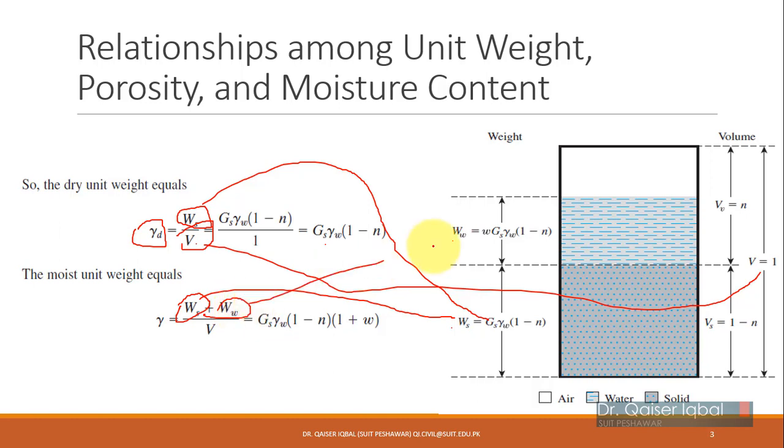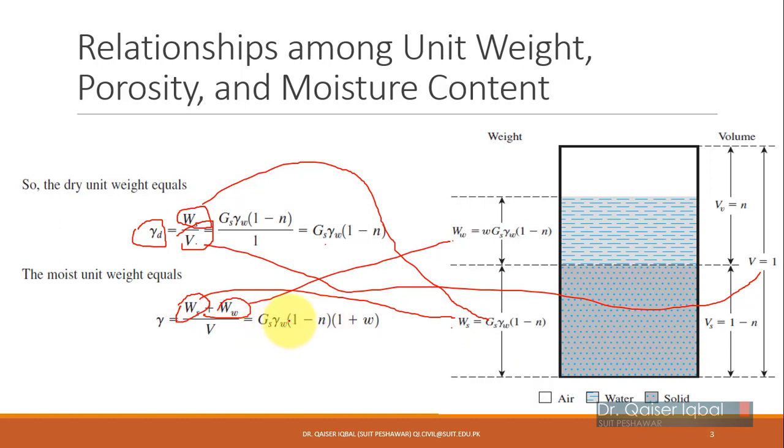Now you can see over here, if you take this and this, if you put the values, you can see Gs gamma W into 1 minus n is common in this. So we will take Gs gamma W into 1 minus n common from both.